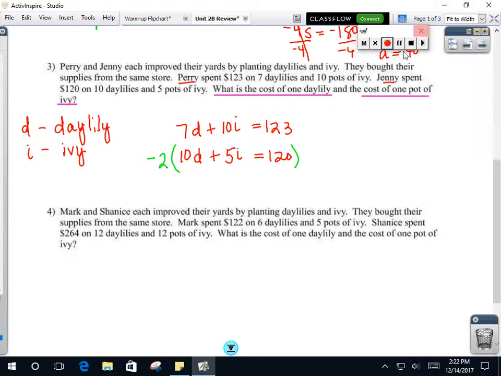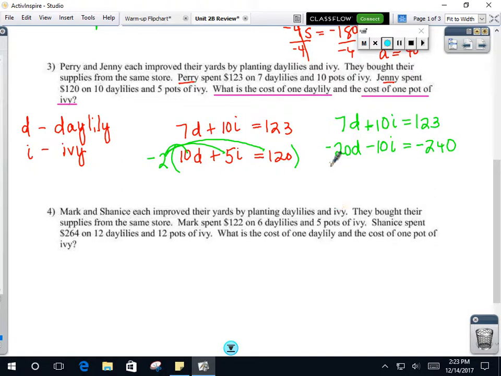Okay, so the top equation will remain what it is. And then the bottom equation all gets multiplied by -2, making that -20D minus 10I equals -240.